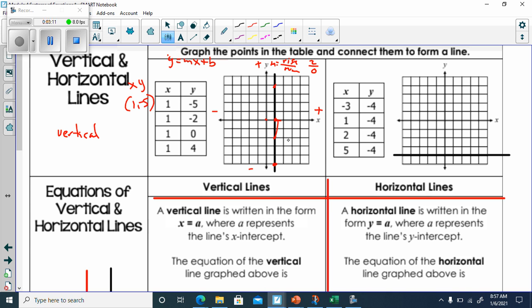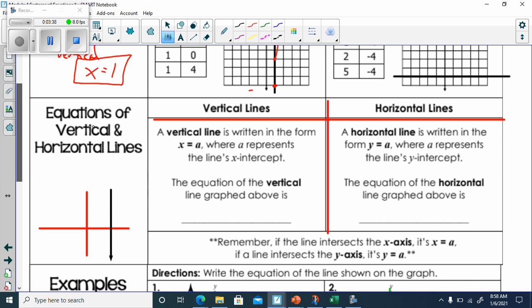Okay, well, let's look at this. Maybe we can figure out something from looking at the points. Do you notice how every x value on this is 1, no matter what the y value is? The equation for this then will be x = 1. Doesn't matter what the y value is, x = 1. See how we've left the y out of this? A vertical line has an equation that's x equals something.